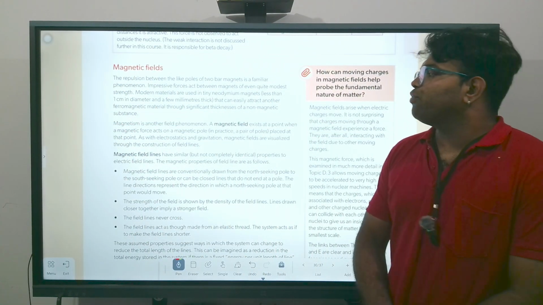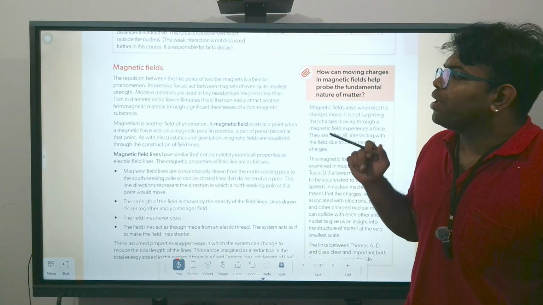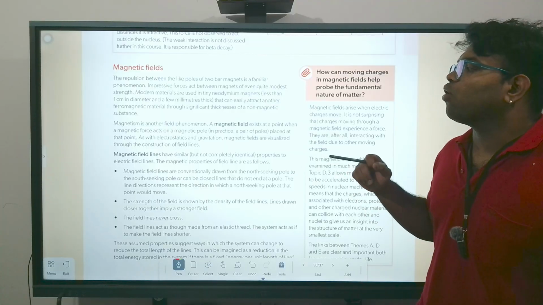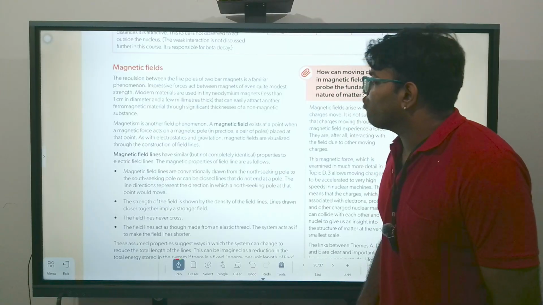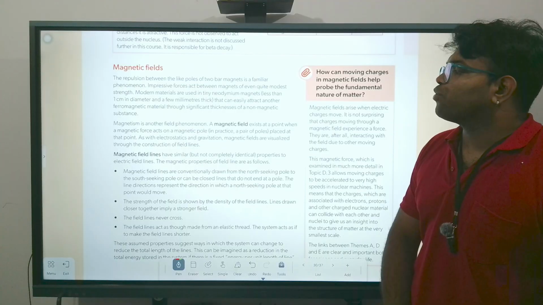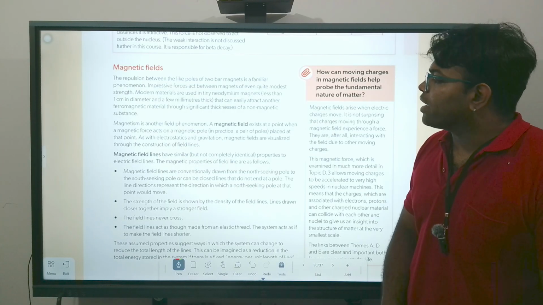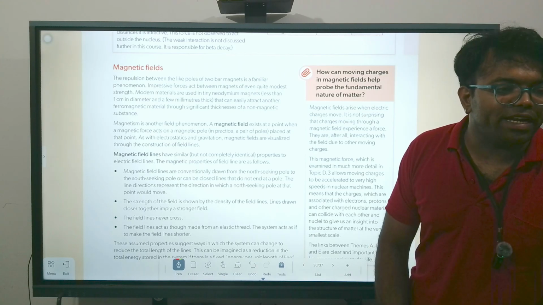Magnetism is another field phenomenon. A magnetic field exists at a point when a magnetic force acts on a magnetic pole, in practice, a pair of poles placed at that point. As with electrostatics and gravitation, magnetic fields are visualized through construction of field lines.